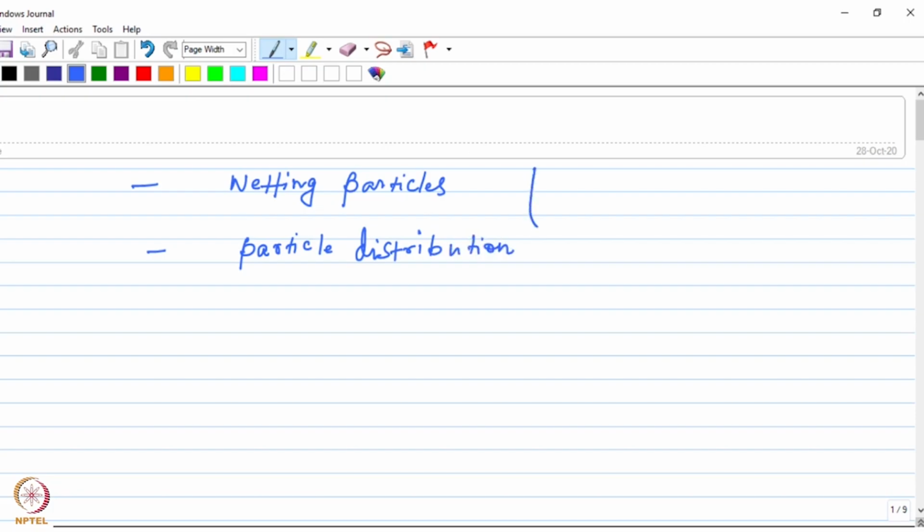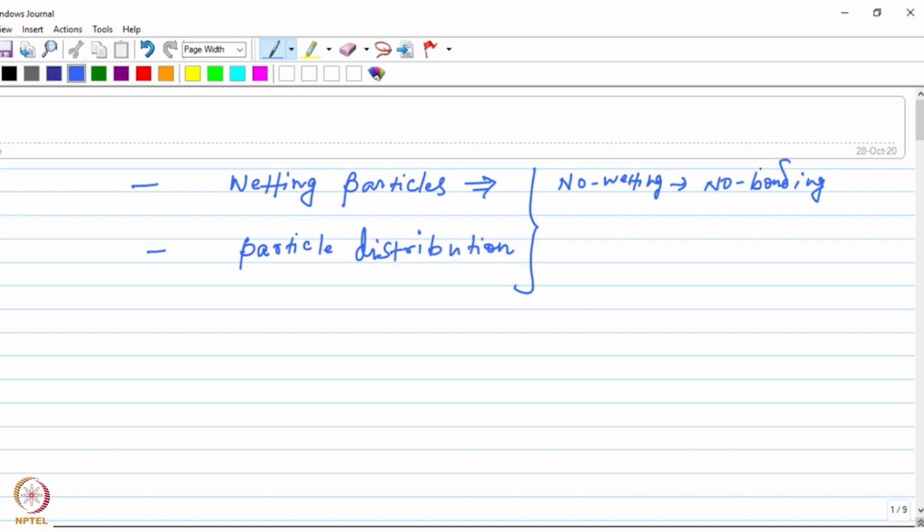So these two aspects are very important for getting a good quality composite. If you do not have wetting, you do not have bonding, and particles will be rejected and they will either float or settle down, and they will not go into the metal and make a bond with the metallic matrix.